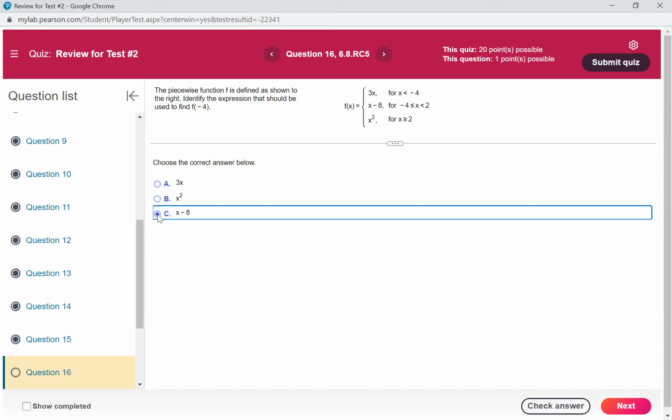But you got to figure out what they're giving you, the f value, and they gave me a -4. And y'all, it can't be A because -4 is not less than -4. And it can't be the last one because -4 is not greater than or equal to 2. The only valid choice we could choose was that middle one. So good job.